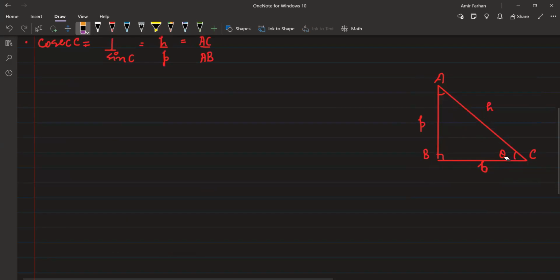And this is not your theta, this is the theta now. And this will become your perpendicular and this will become your base, yes or no?